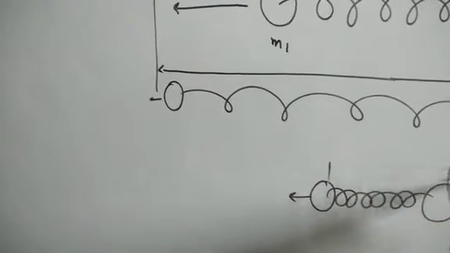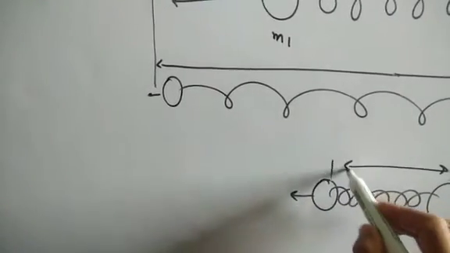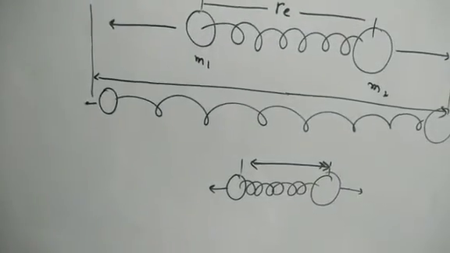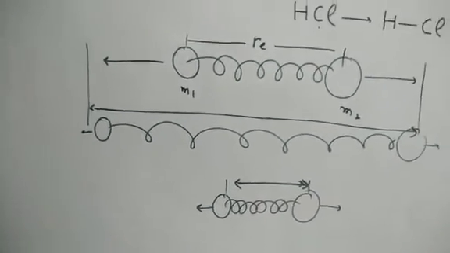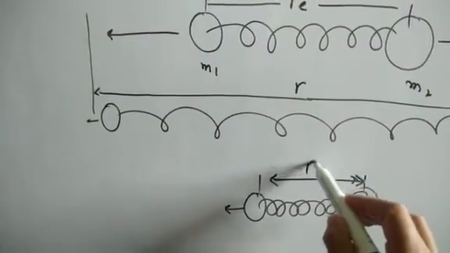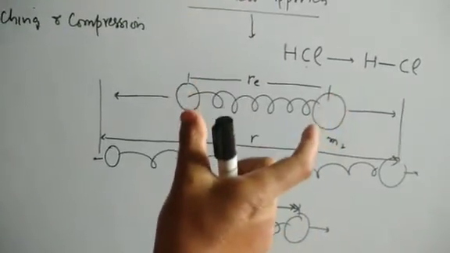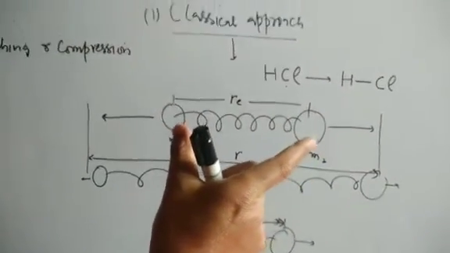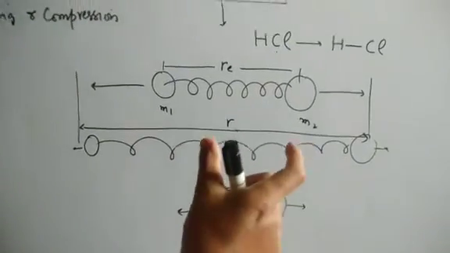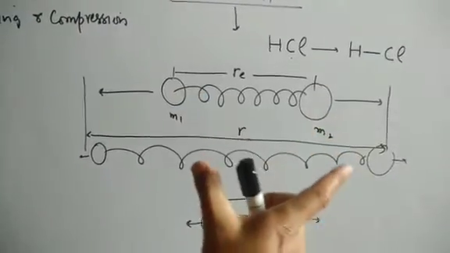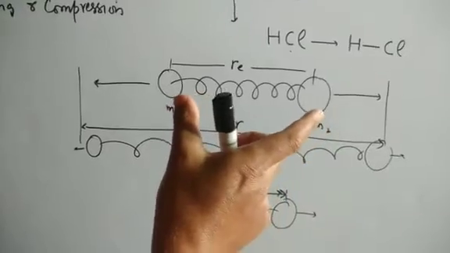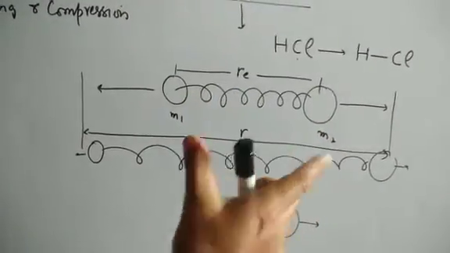So this is one type of distance, a new interbond length, and this is another R. The molecule was originally at the equilibrium positions. Now we stretched it and then we release it and it goes into compression. Now see, the bond length is changing. This stretching and compression back and forth is called vibration. So it's going from the mean position to the extreme position and back.